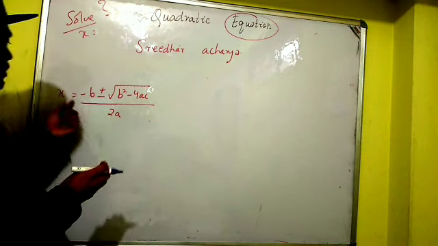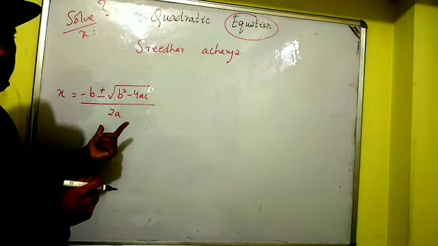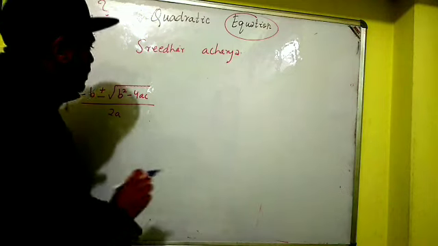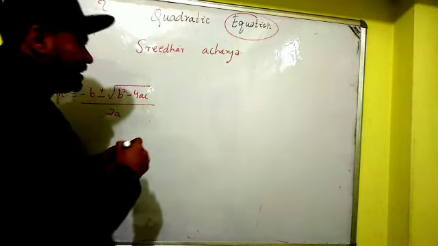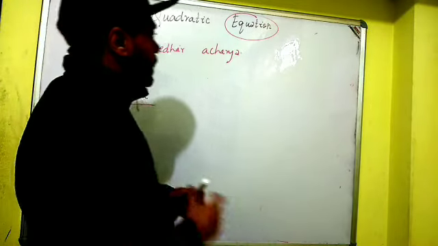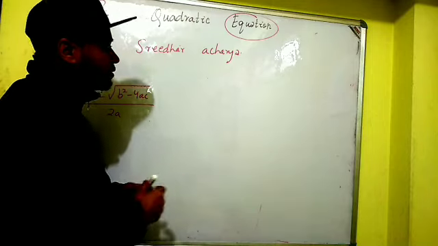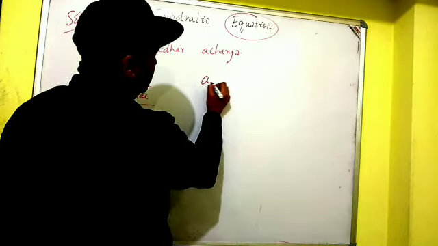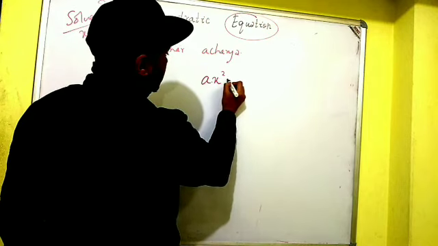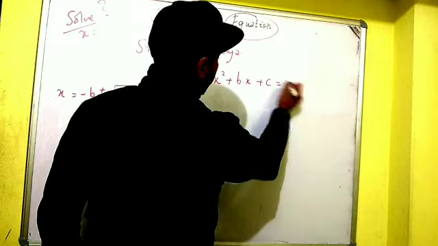Okay. Now the question is, so we know how to find x. Now what are this a, b and c? Okay. So let's discuss that. Now any quadratic equation, we have to convert it into a form which is called the general form, and that is given by ax squared plus bx plus c is equal to 0.